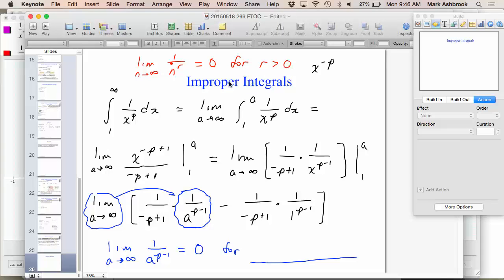It has to be greater than 0. So any r value greater than 0 makes that limit 1 over n to the r equal to 0. So what is our r in this case? That's our p minus 1.